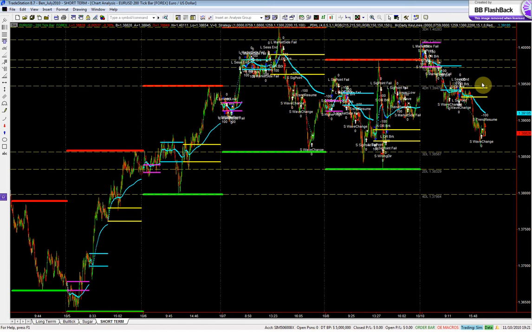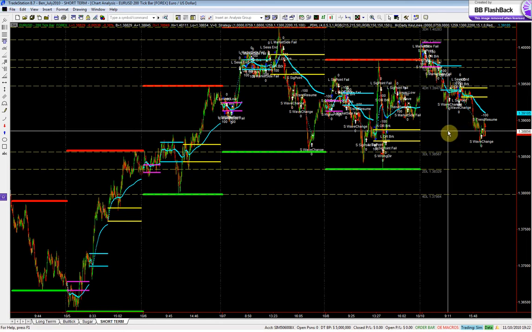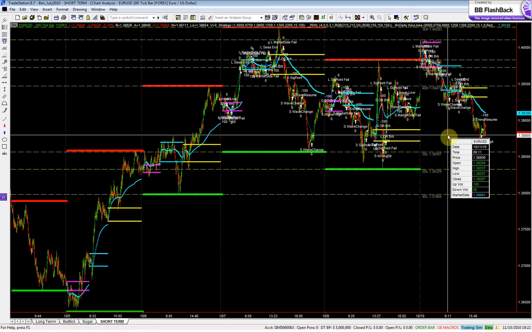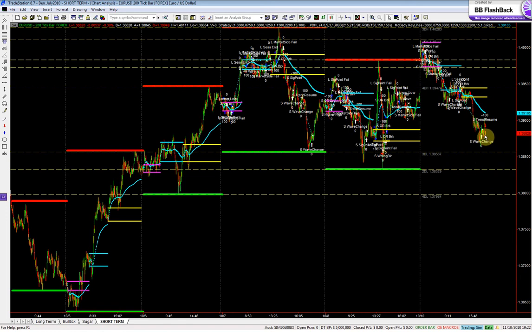and our long stop is 138. When I did the analysis, the market was actually here, and I had the stop at 138.80, which is here. Funnily enough, the short-term system has given us a short there.